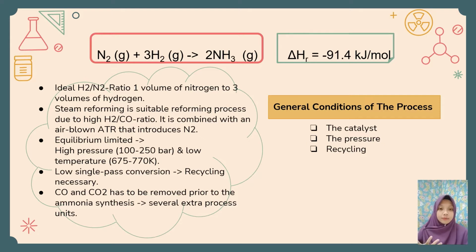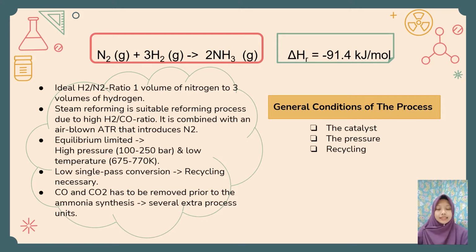Steam reforming is a suitable reforming process due to the high hydrogen to carbon monoxide ratio. It is combined with an air-blown ATR that introduces nitrogen gas, and the equilibrium is limited due to the high pressure, which ranges between 100 and 250 bar, and low temperature, which is 675 Kelvin to 770 Kelvin.